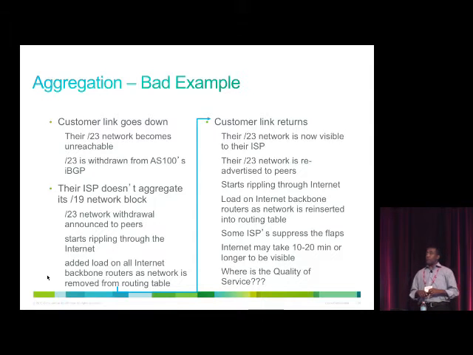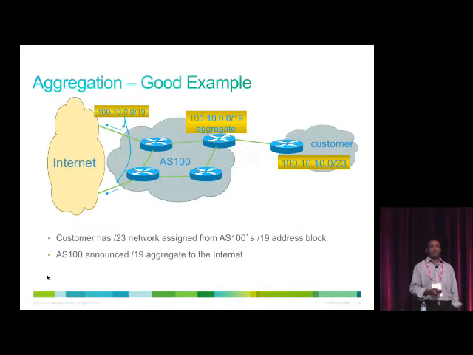And if you are only advertising the specific prefix, the customer may not even be visible to the internet for a long time, as some service providers dampen advertisements and use hold down to reduce instability. So this doesn't give quality for your service, for your customer. It also doesn't give quality for the rest of the internet. So it's very important to aggregate.